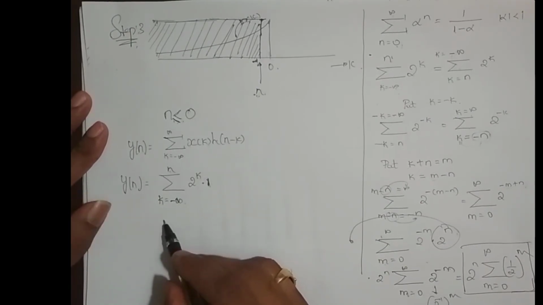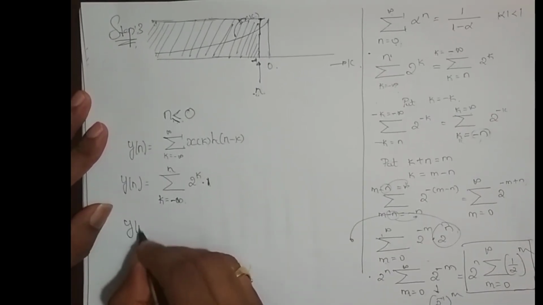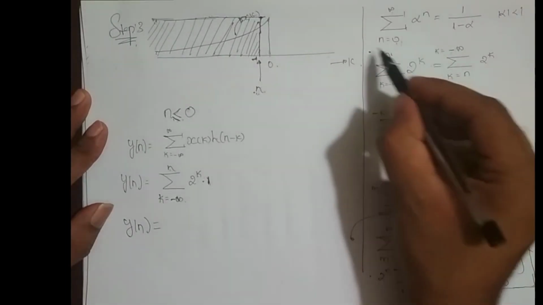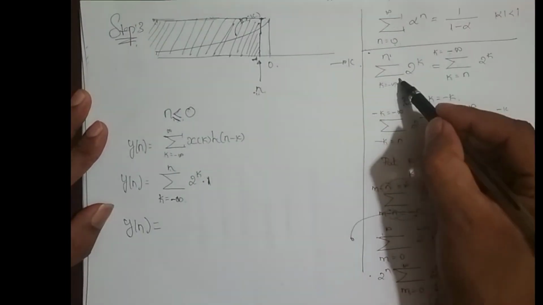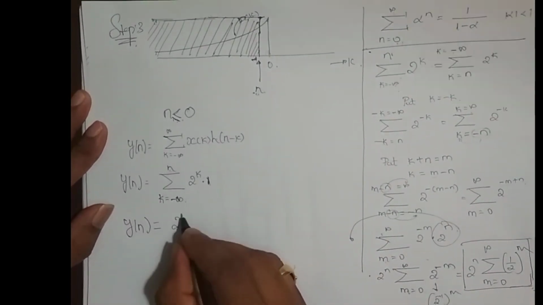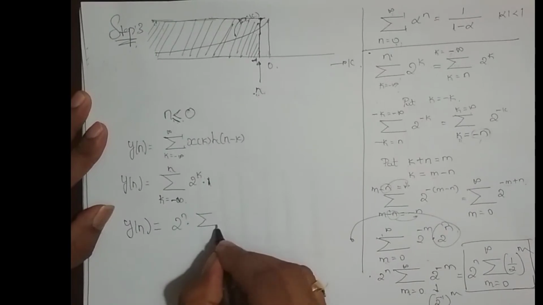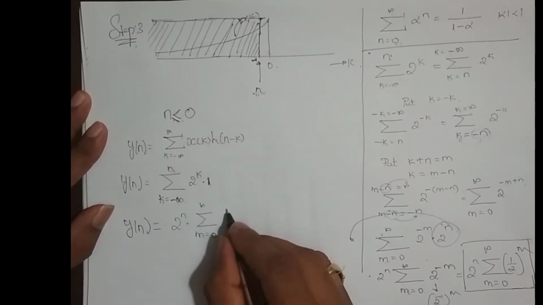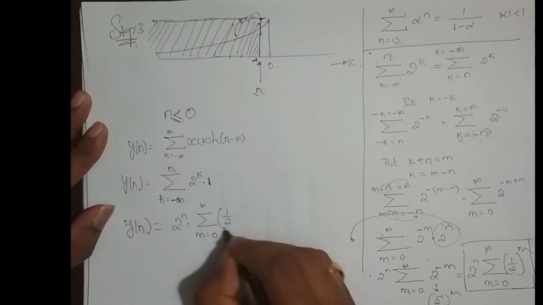Okay, so what I'll do, I'll write this as y of n is equal to, so I started from this equation, and I ended at this equation. So it is nothing but 2 power n into summation m varying from 0 to infinity 1 by 2 power m.